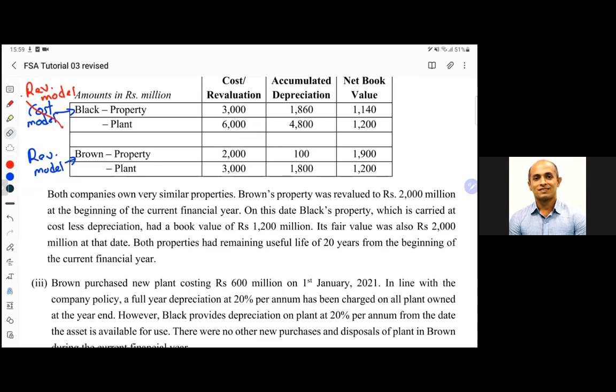So you have to do the revaluation adjustment. You have studied this in financial accounting. You know how to do the revaluation adjustment.